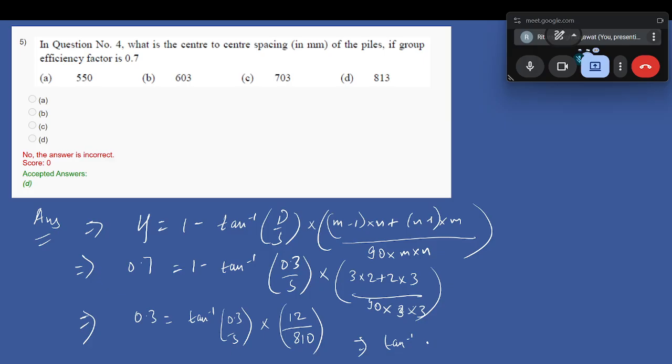So tan inverse 0.3 by S is 810 into 0.3 divided by 12. So that will basically give you how much? 810 into 0.3 divided by 12.